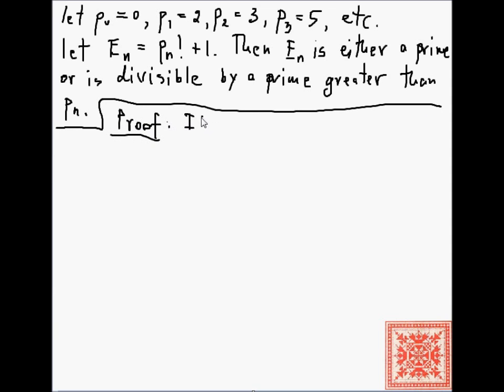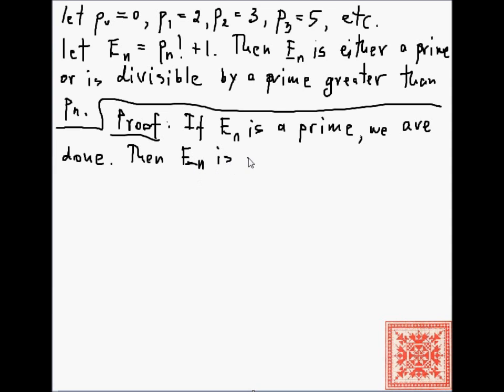And the proof is that if E sub n is a prime, we're done because obviously it itself is greater than the nth prime.